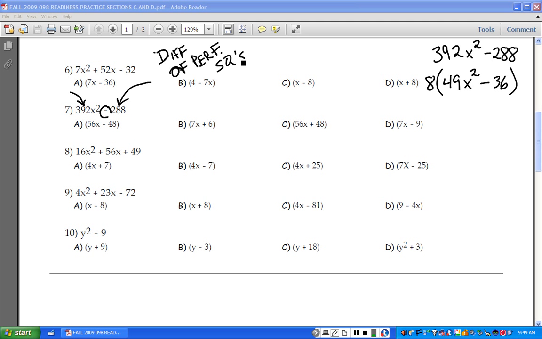The difference meaning subtraction, so the minus sign of perfect squares.